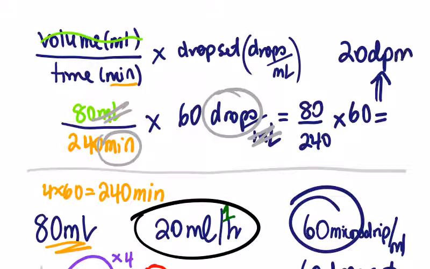Drops per minute. And you can write it in full, drops per minute, DPM, or drops/minute, or min. So let's see if we answered both questions. The drop rate in drops per minute is the 20 drops per minute here.